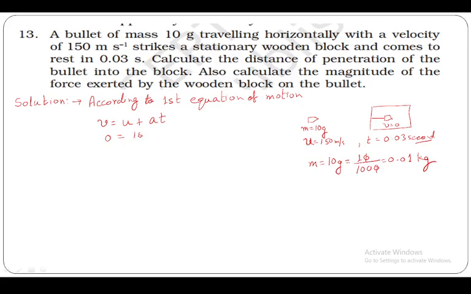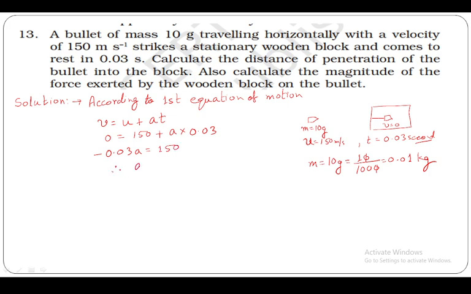Therefore, 0 is equal to 150 plus a into 0.03, so we get minus 0.03 a is equal to 150.